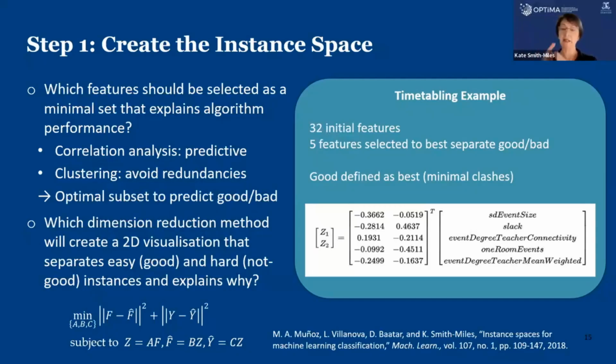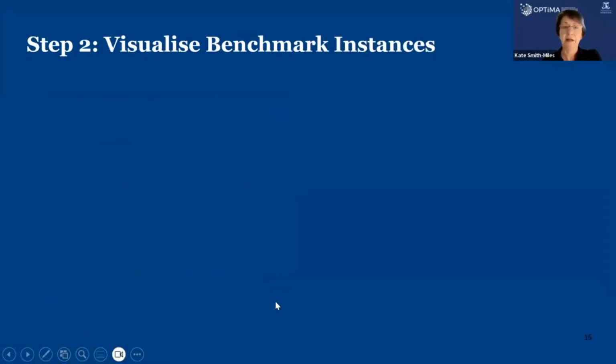And also we want to see linear trends in how the features change across that space, small values of features to large values of features, as linear as possible so that we can see directions and trends and correlations. So this projection matrix has been worked out to encourage that kind of linear trend across the space so we can interpret it more easily. And you'll see what I mean in a minute about those linear trends.